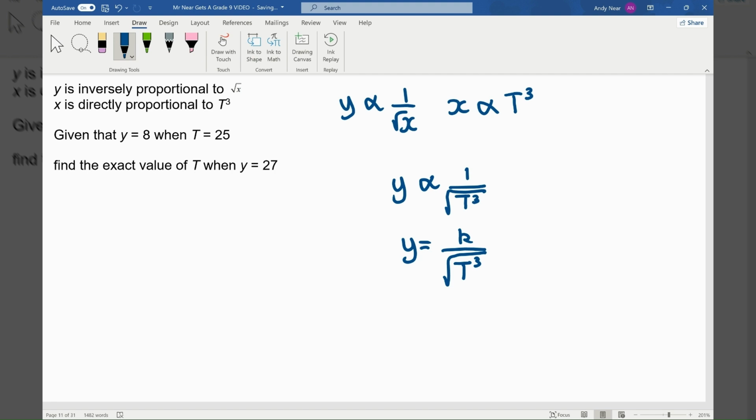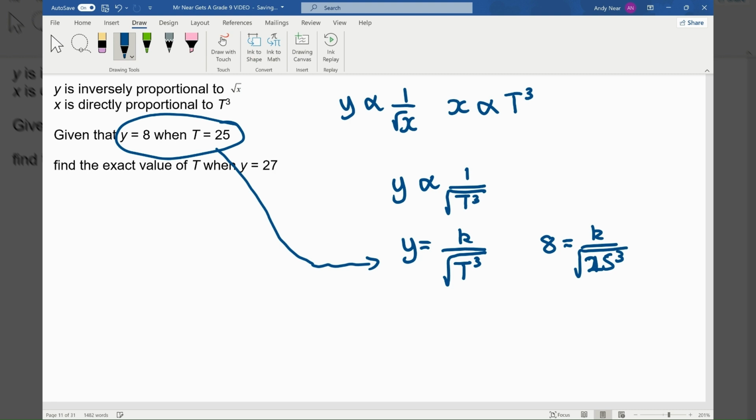So we can now use that when y is equal to 8, t is equal to 25. So I'm going to use these values to find k. So y is equal to 8 when t is equal to 25. So I'm going to take the 25 and cube it and square root it.